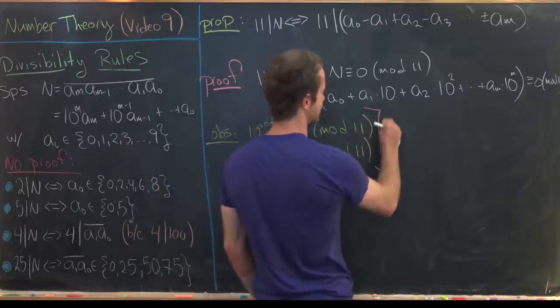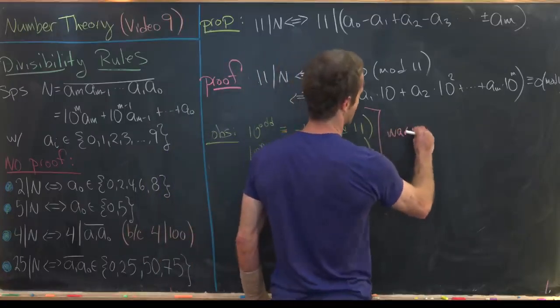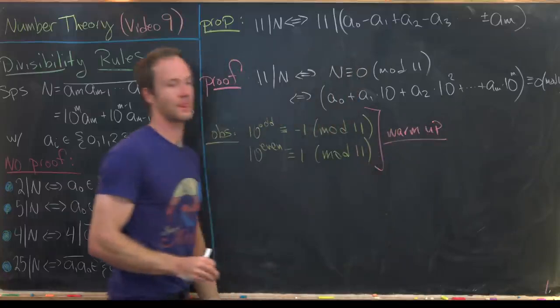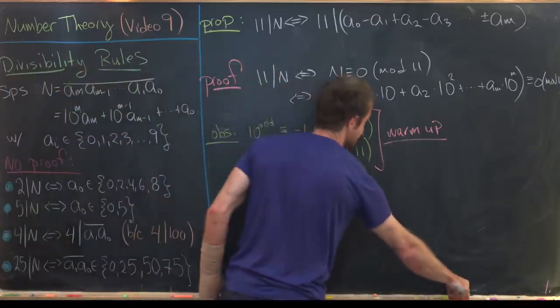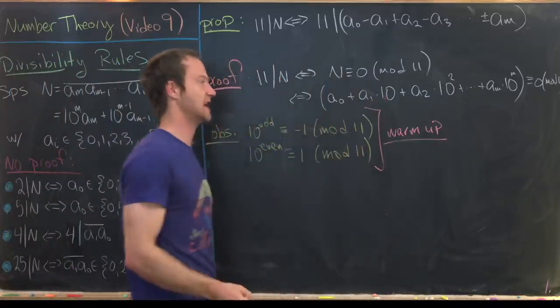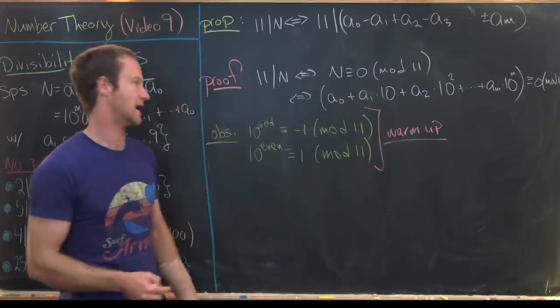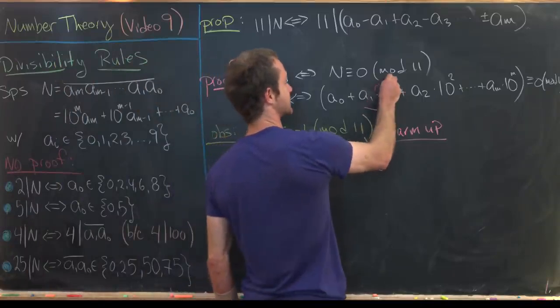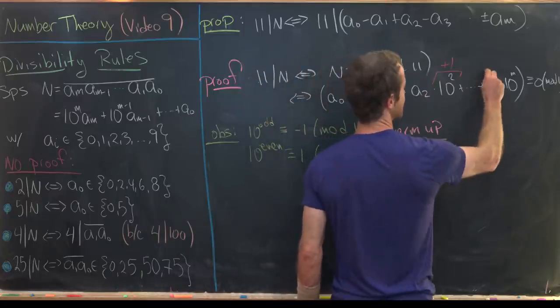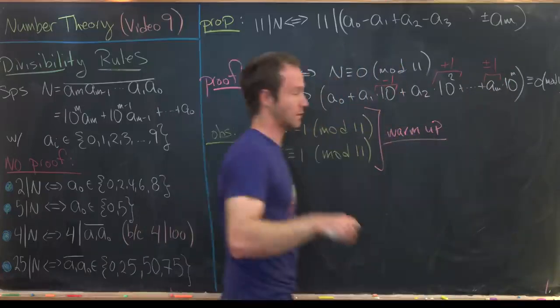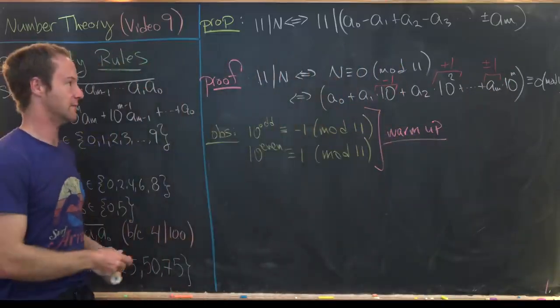So it's pretty easy to prove this maybe as one of the warm-up exercises. Okay, but what does that mean? Well, that means we can replace each of these powers of 10 with either a +1 or a -1. So this one gets replaced with -1, this one will get replaced with +1, and this one will get replaced with plus or -1 depending on the parity of m.